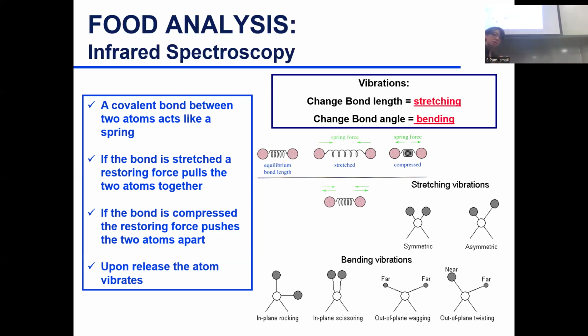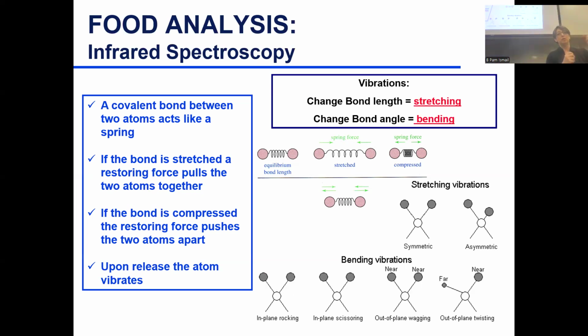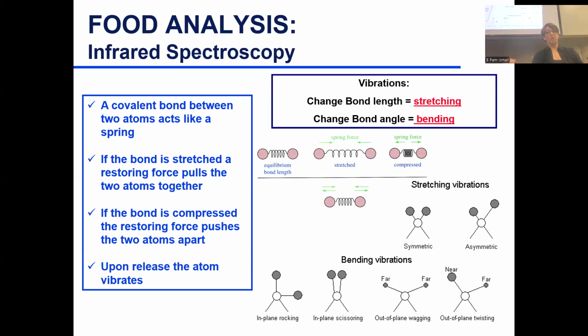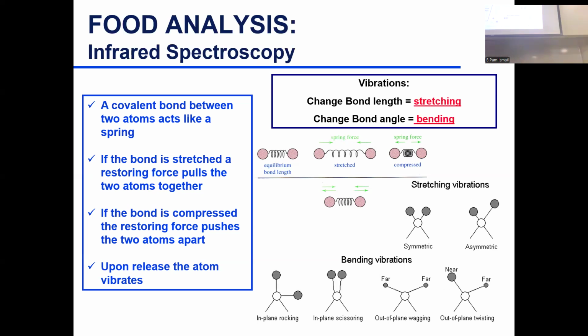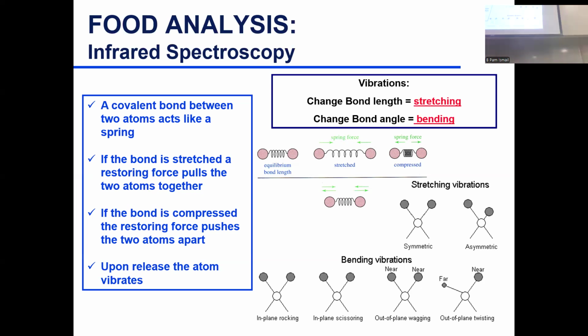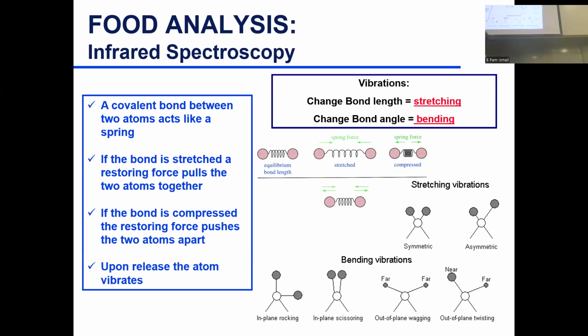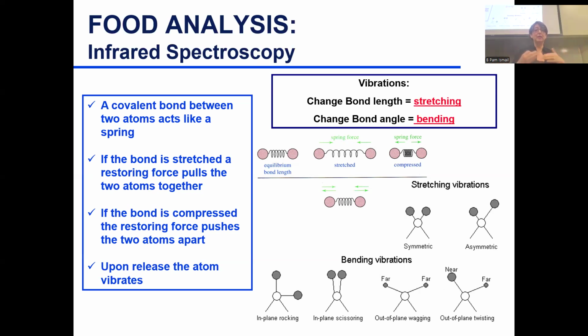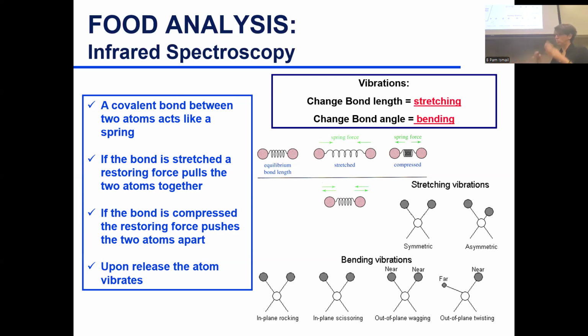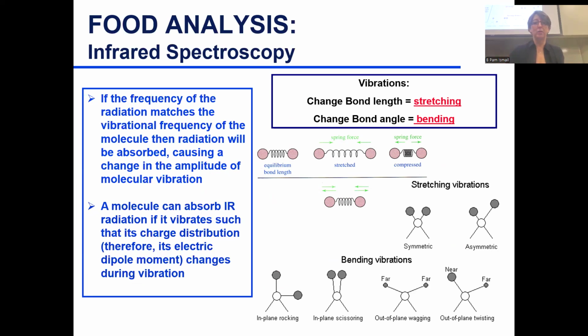And then when IR radiation hits them, they will stretch or bend in a different direction due to the changes in the electron distribution within the bond. Again, I don't want you to worry about these kinds of details, but I want you to know that when the atoms are released and go back to the original state, they vibrate due to the IR frequency.